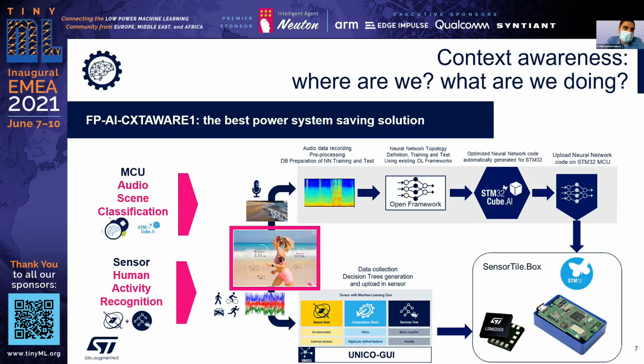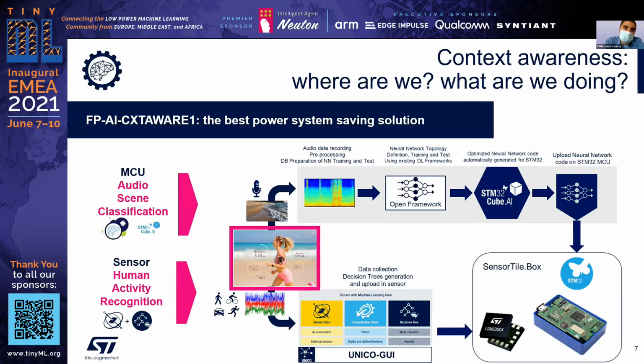In this function pack, basically, we used in a combined mode two different AI algorithms. The audio scene classification runs on the STM32 microcontroller, thanks to the Cube.AI library that optimizes the code for the embedded device.